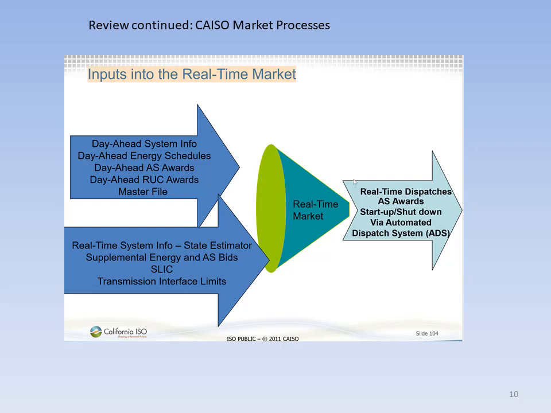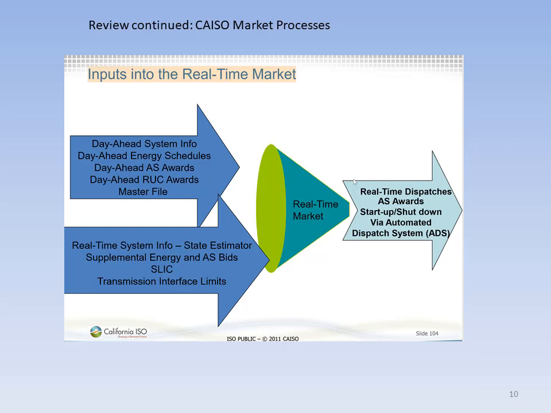Load-serving entities in CAL-ISO are required to procure ancillary services, either through self-provision or through purchase on the CAL-ISO market. They can also bid excess ancillary services into the market. Scheduling coordinators simultaneously submit bids to supply any or all of the above products to the CAL-ISO in conjunction with their preferred day-ahead and hour-ahead schedules.